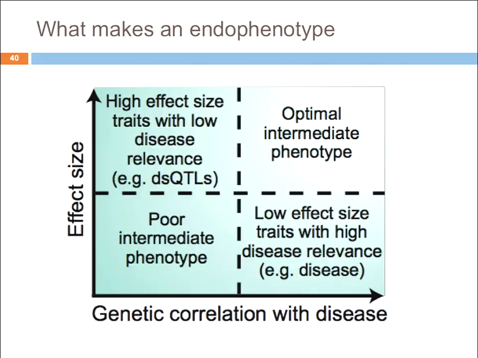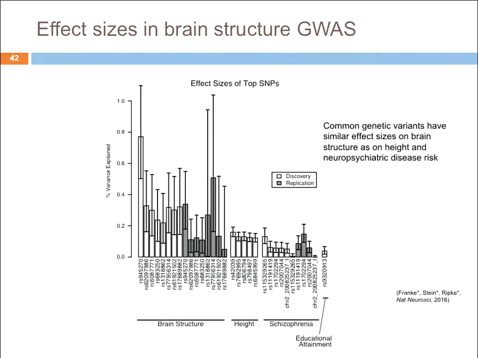Okay, so these are what make an endophenotype. So how well do we do? First we're going to talk about the effect size axis. Here's from our recent paper looking at effect sizes, which are graphed on the y-axis, for different SNPs associated with either brain structure, height, schizophrenia, or educational attainment.